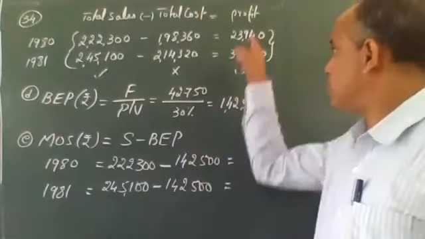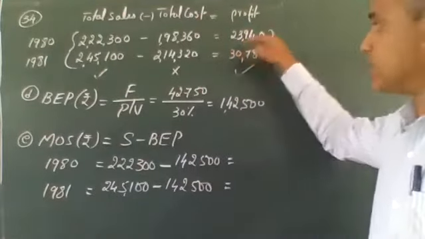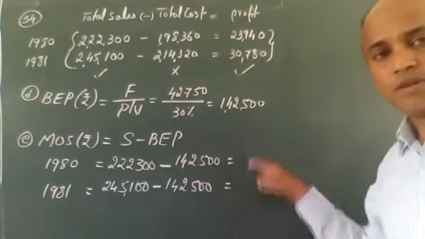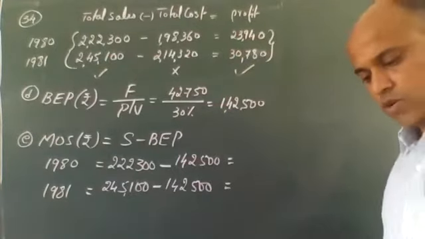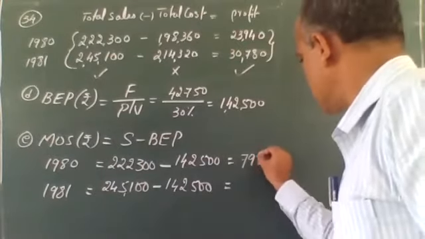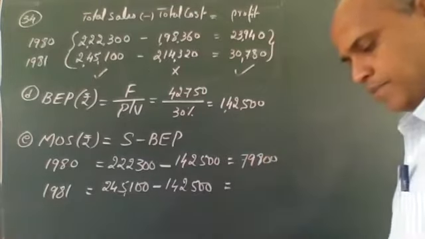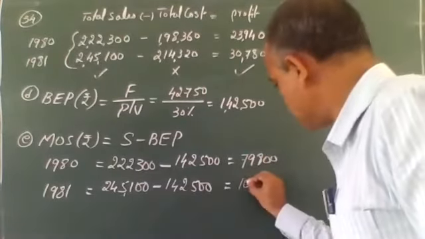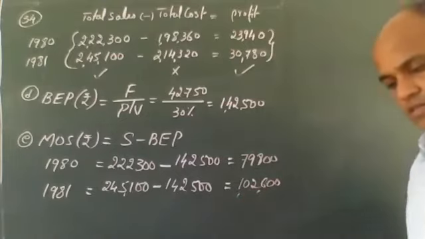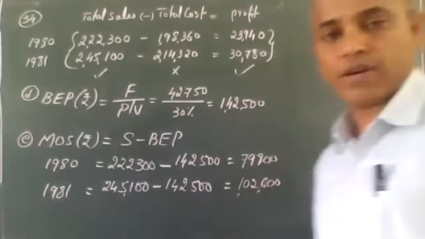Can't we apply profit by PV ratio? Yes, you can take profit by PV ratio, both the times you will get the same answer. So the answer is 79,800 and 1,02,600. This is what is about question number 34.